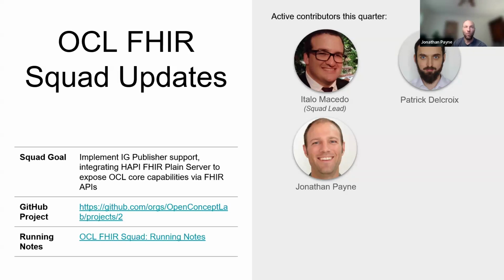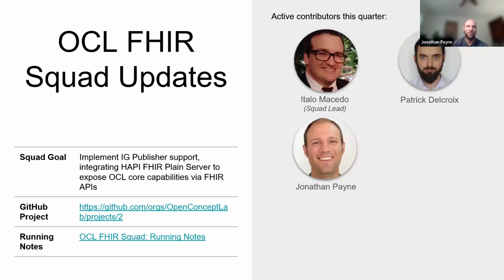And while we do and will continue to maintain some basic support, it's really SVCM support that we're providing, which is: I've got content in OCL and give it to me in a FHIR representation. And we're going to continue to maintain and support that. But obviously, those doing real FHIR implementation work need more capabilities.